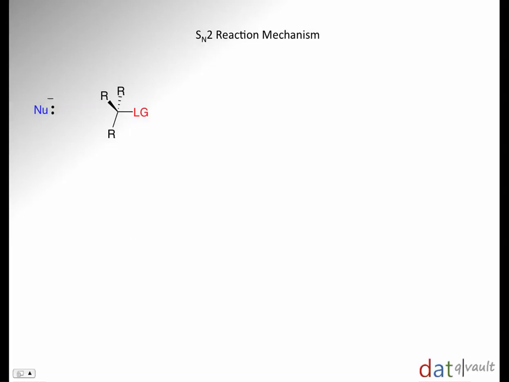Alright, so what does the SN2 reaction mechanism look like? In a substitution, we have a substrate with a good leaving group and a good nucleophile with a lone pair of electrons. The first step is the attack of the nucleophile on the carbon bearing the leaving group. It's important to note that in the SN2 mechanism, the nucleophile attacks the carbon at the same time that the leaving group is breaking its bond with this carbon.